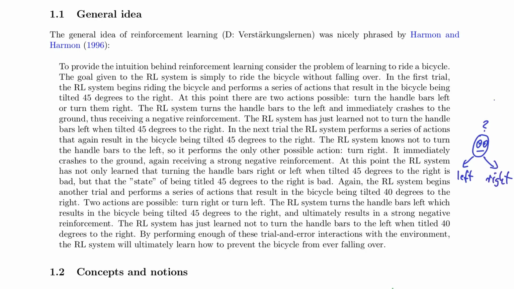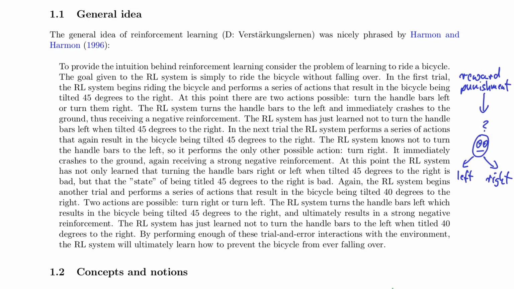Once it has done that, it gets either reward or punishment, depending on whether it was good or bad. And typically that's just called reward, can be positive reward or negative reward.